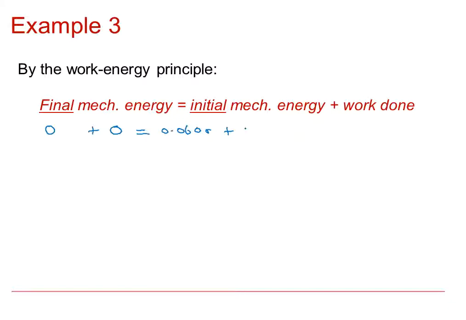Initial kinetic at the beginning was 0 because it wasn't moving, plus work done. The only force doing work was the resistive force F, and we've just found that the work done by F is minus F times r times pi by 2. The radius will cancel out, and this equation gives the resistive force as 0.038 newtons.